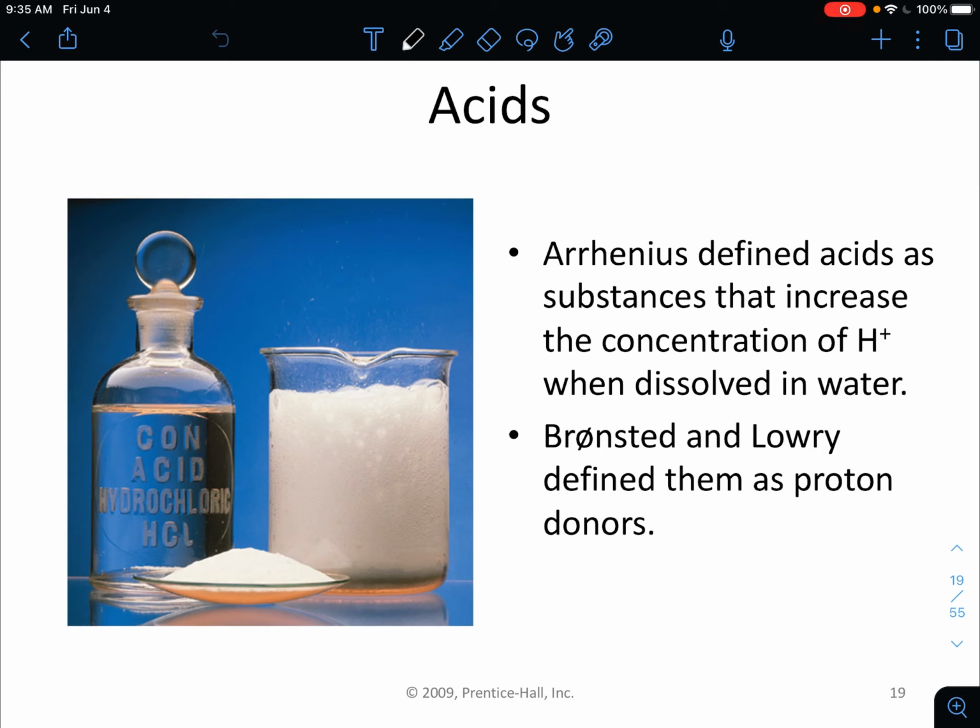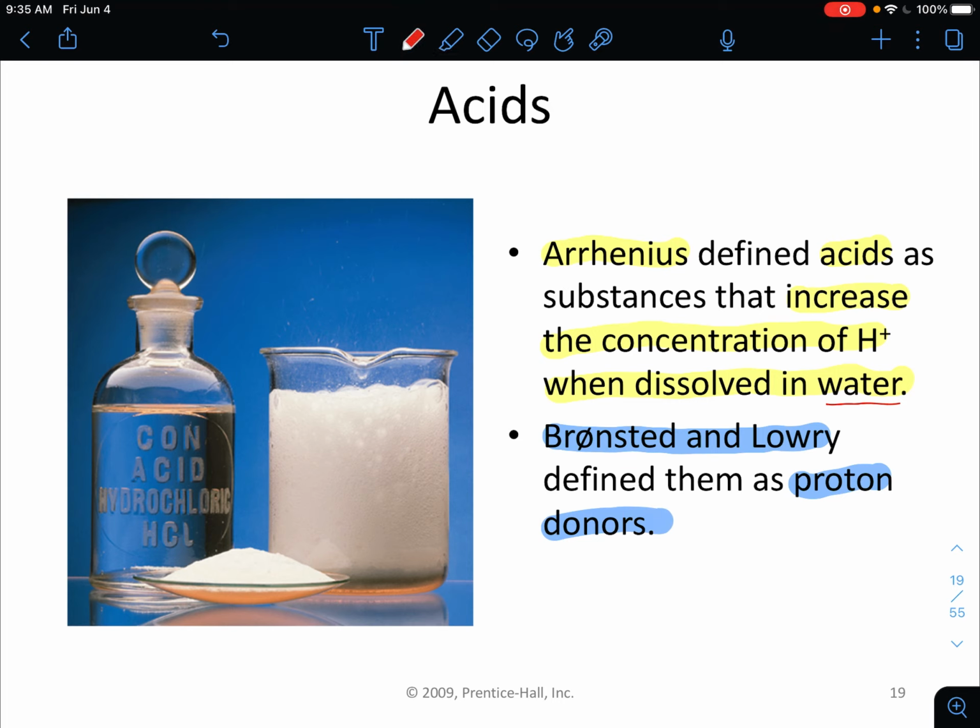So when we talk about acids, there are pretty much two standard definitions that we start with. One is the Arrhenius definition that says acids are substances that increase the concentration of H+ when dissolved in water. So this definition is specific to the behavior of the substance in water, whereas the Bronsted-Lowry definition is the broader definition where we just say acids are proton donors.